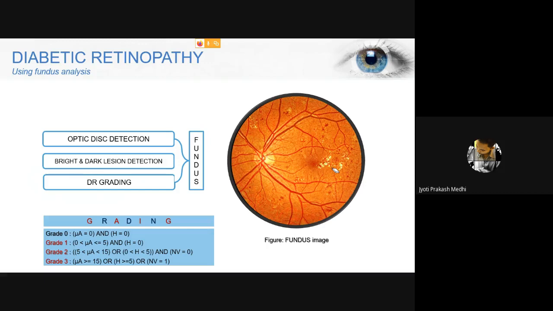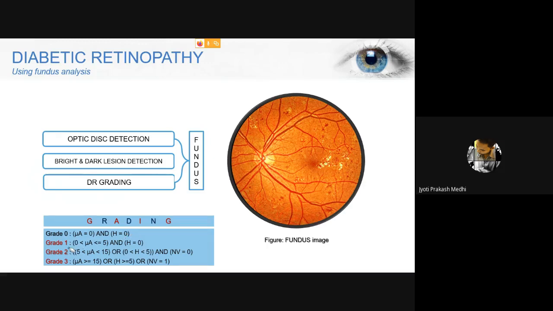Then once the abnormalities are identified, the next stage is grading the retinopathy stage. In order to identify the retinopathy stage or grading, we have to analyze it depending on the amount or quantity of deposition. For example, if there are no microaneurysms or no hemorrhages available, then we call it grade 0.